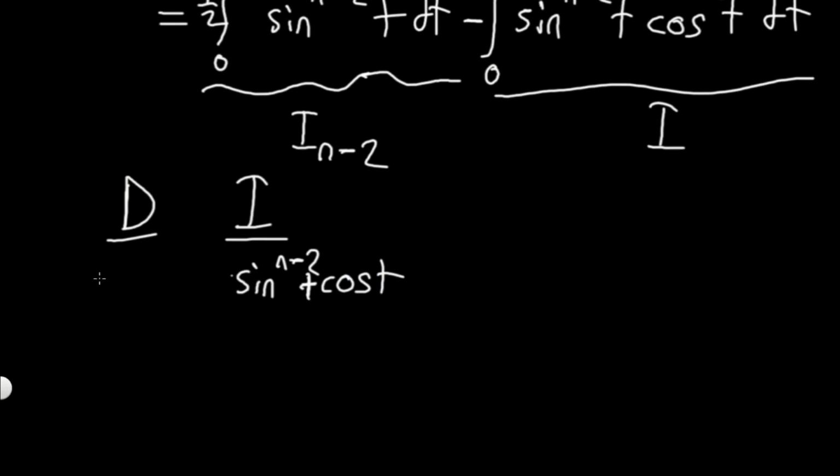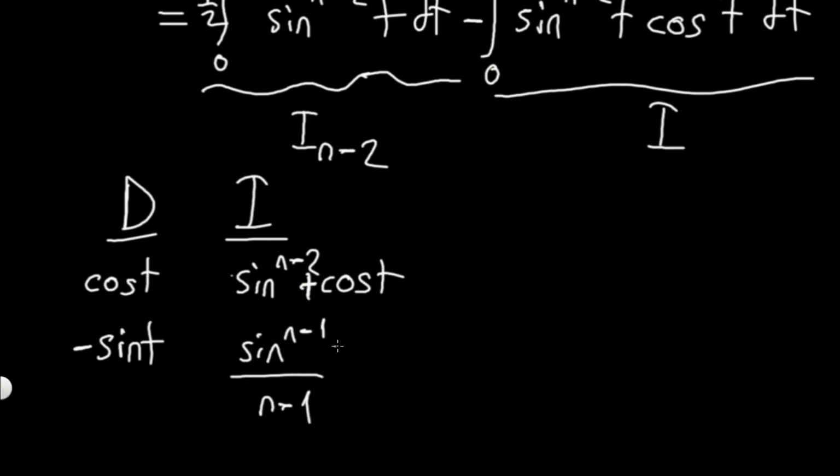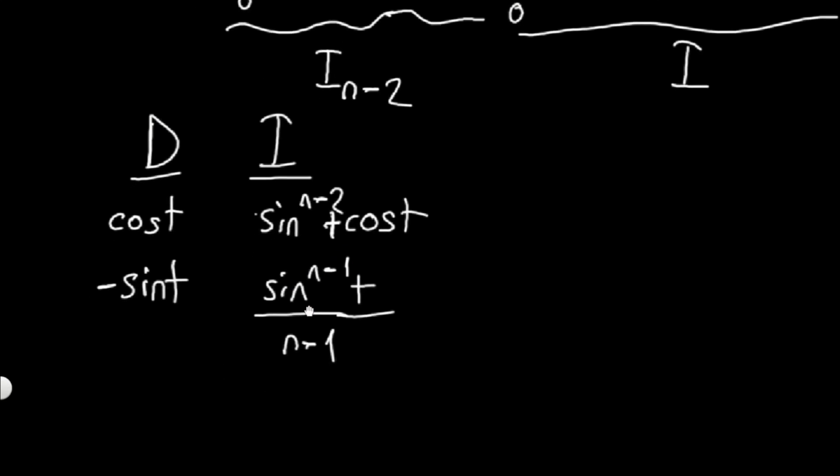And what I'm left with is just cosine t, so the derivative is minus sine t. And this integral, if I call sine t as u, is just u to the n minus 2 du. So this will just be sine to the n minus 1 t over n minus 1: I'm increasing the power by 1 and dividing by the new power. Okay, it's this simple. Now I just do plus minus, so these two minuses will become a plus.